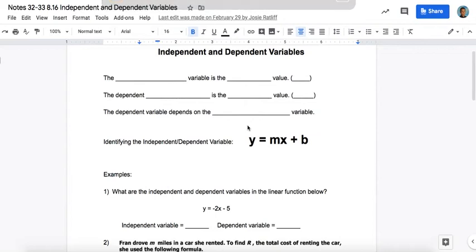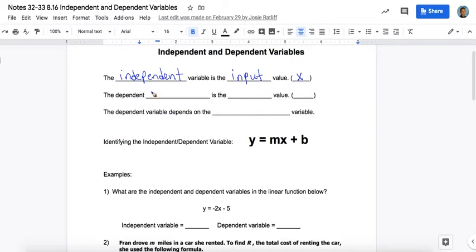Welcome to my video on independent and dependent variables. So you've probably heard of these terms in science before, and they mean the same thing that they did in science. So the independent variable is the input value, so the number we're plugging in, which is typically the x value.